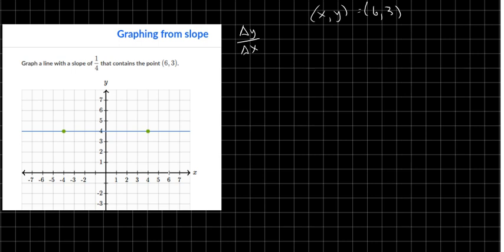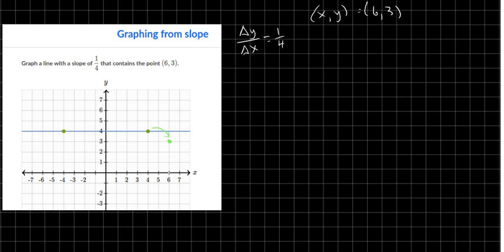And then we go up to 3: 1, 2, 3. So there's my first point. I'm going to drag that over there. Next, I'm going to check my slope, and my slope is 1/4. So my change in x has to be 4, and my change in y has to be 1.